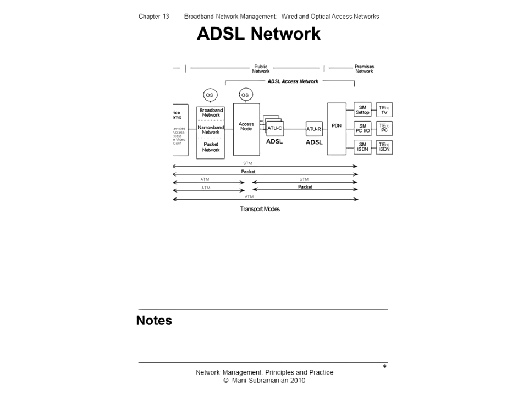So we have the Broadband Forum view of how ADSL accesses the network and how it fits into the overall network for broadband services. Here we can see the components of the overall network comprising private, public and premises networks, and the role that the ADSL access network plays in it.